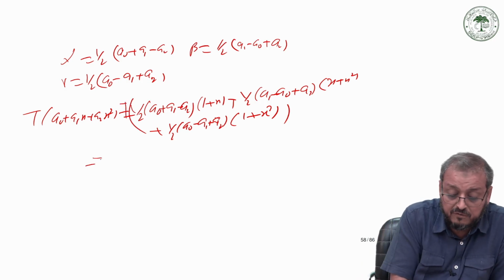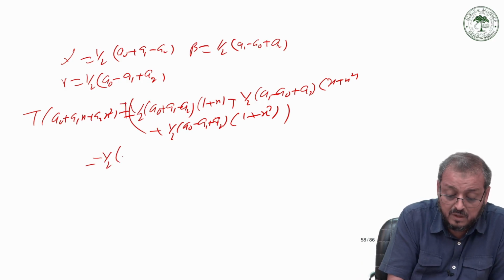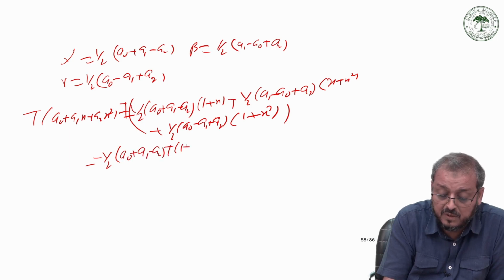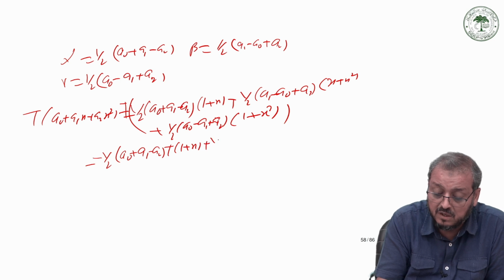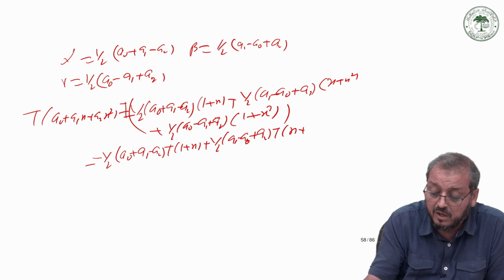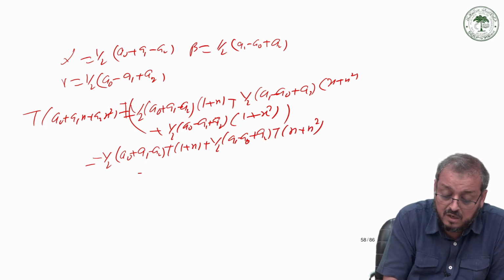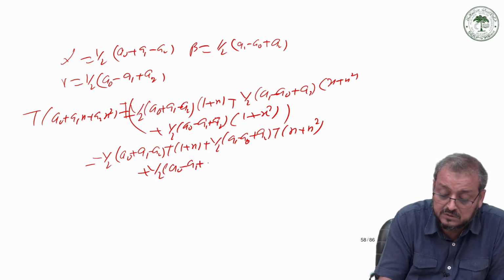So this can be written as 1/2 (a0 + a1 - a2) T of (1 + x) plus 1/2 (a1 - a0 + a2) T of (x + x²), and plus 1/2 (a0 - a1 + a2) T of (1 + x²).